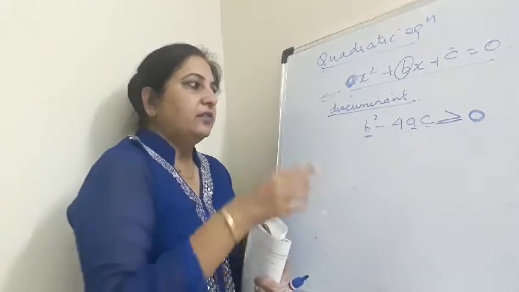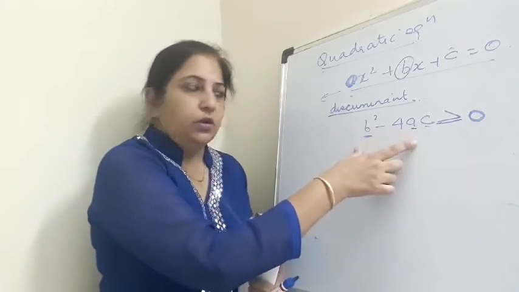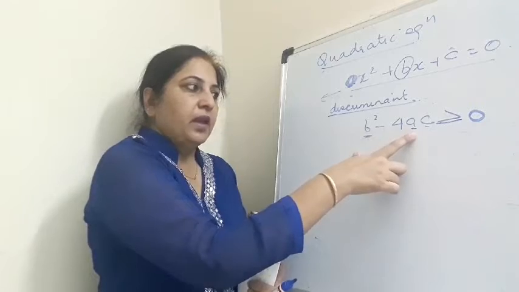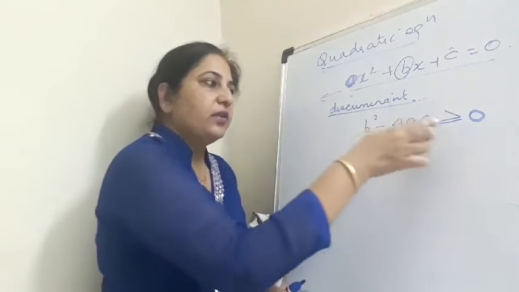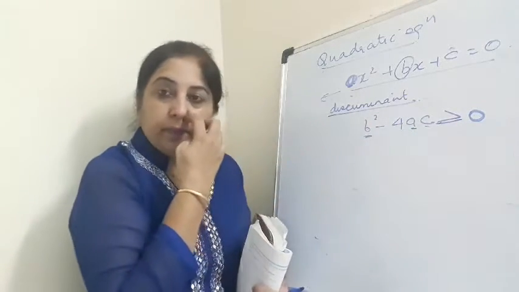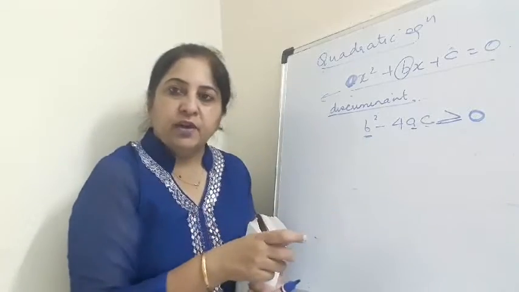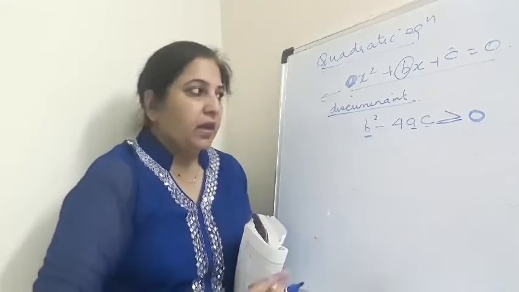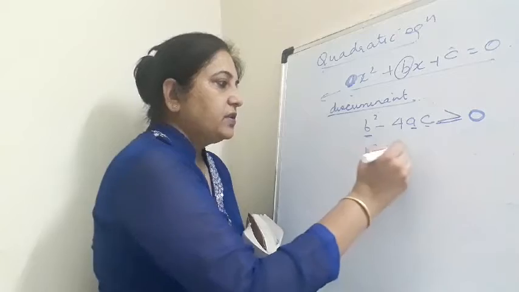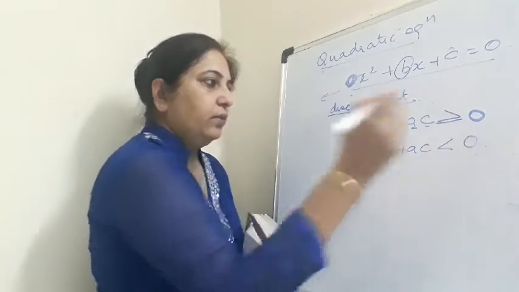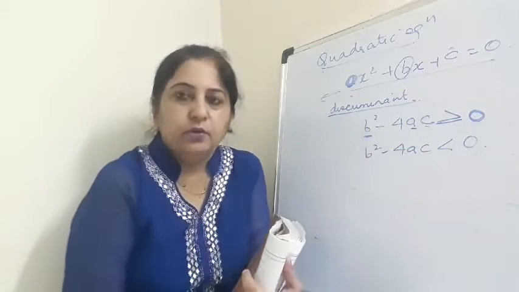We will then find the value of the discriminant, which is equal to b² − 4ac. If b² − 4ac is greater than or equal to 0, then only we will apply the formula to find out the roots of the equation. But if the value of the discriminant is less than 0, then it does not have real roots.